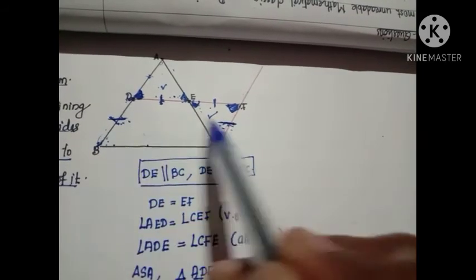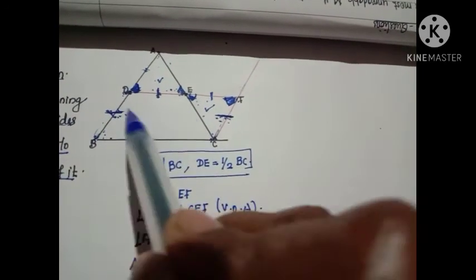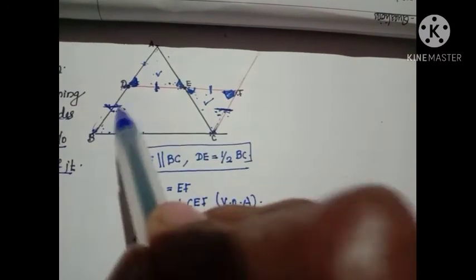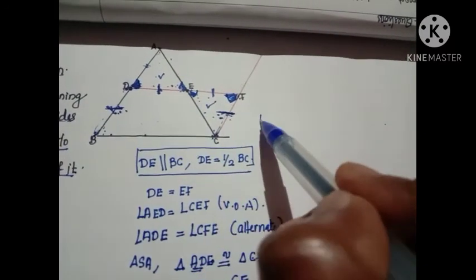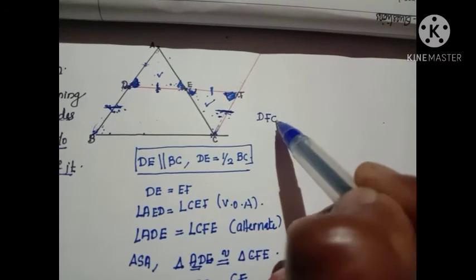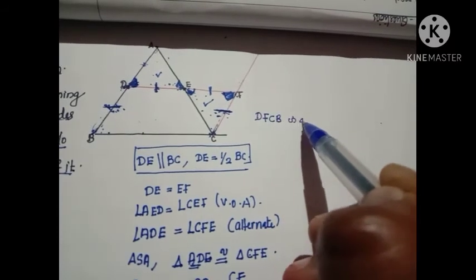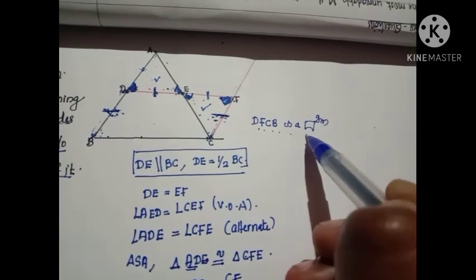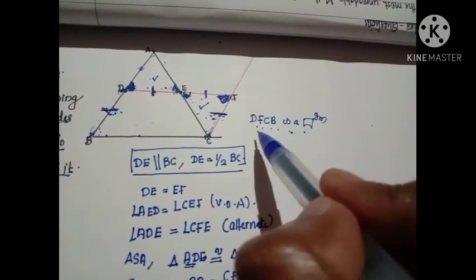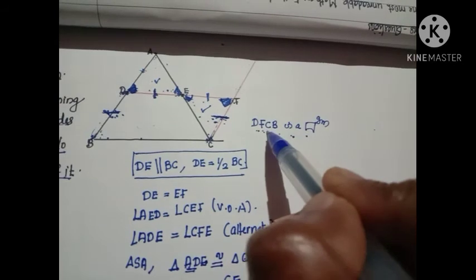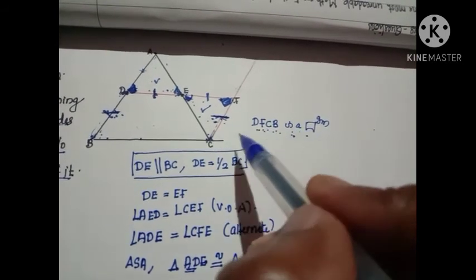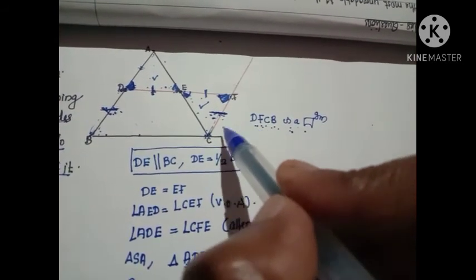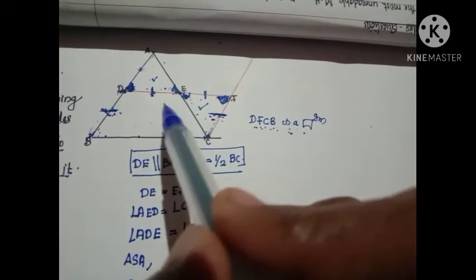So in this quadrilateral, one pair of opposite sides are equal and parallel, which implies, listen, DFCB is a parallelogram. Okay, DFCB is a parallelogram. Listen, DFCB is a parallelogram means both pairs of opposite sides are equal and parallel.